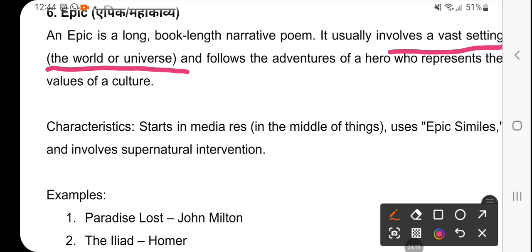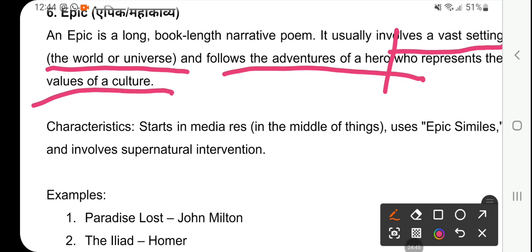Setting is not only my neighborhood or my birthplace. No, the setting is the world, the universe, right? The author talks about and follows the adventures of a hero who represents the values of culture, right?